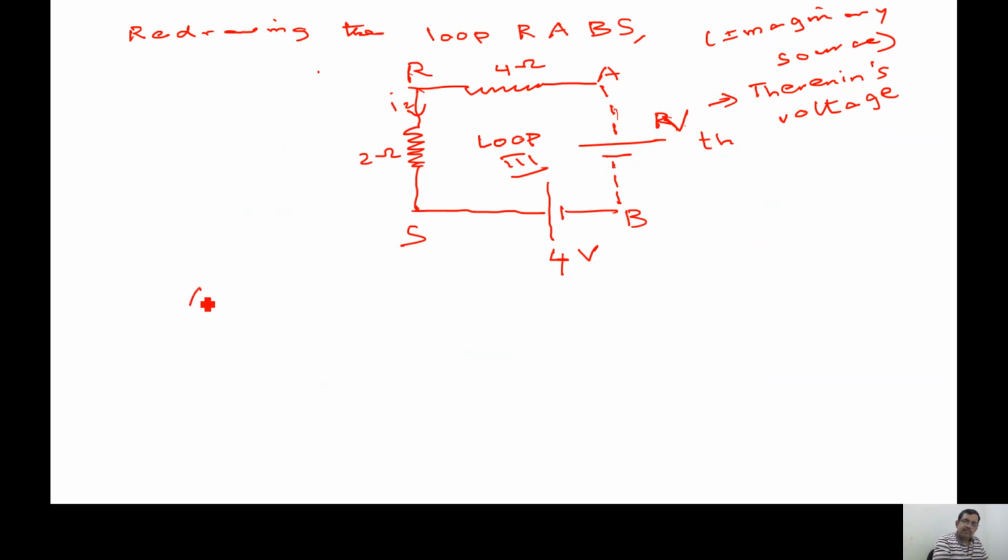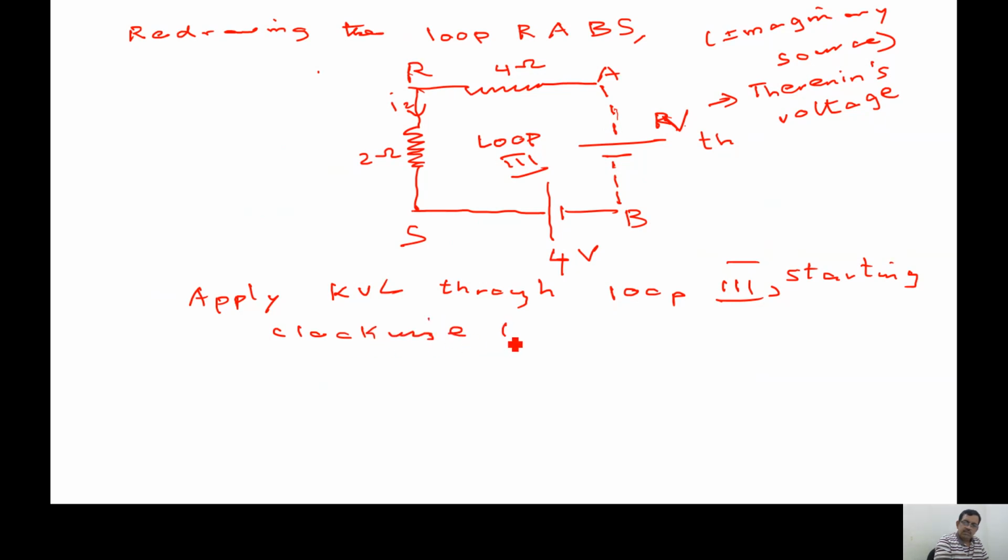So I'm going to apply KVL through loop 3, starting clockwise from point R. We know that the terminal AB is open now, so there won't be any current flowing through that.